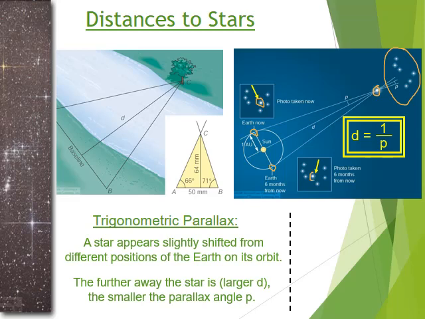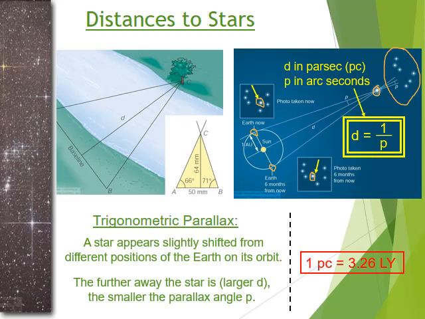There is a little bit of a parallax shift there. And if you can measure the amount of parallax shift in arc seconds, then there's a very basic equation that will give you the distance to that star. You take 1 divided by the parallax shift in arc seconds, and you get the distance in a new unit called parsecs, sometimes abbreviated PC.